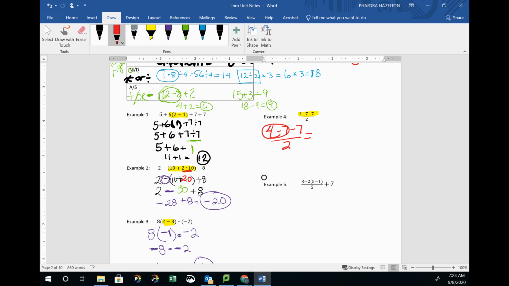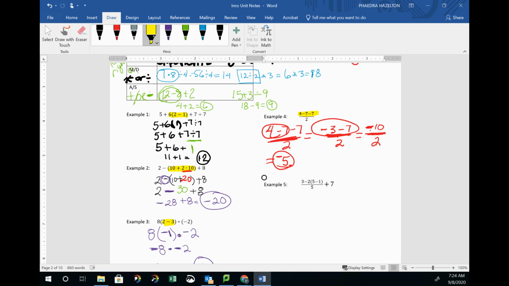So 4 minus 7 ends up being negative 3 minus 7 over 2. And then negative 3 minus 7 is negative 10 divided by 2. Remember, a fraction bar just means that that's a way to divide. Fractions are just the same as dividing. So 10 divided by 2 is 5, and then a negative divided by a positive is a negative 5.